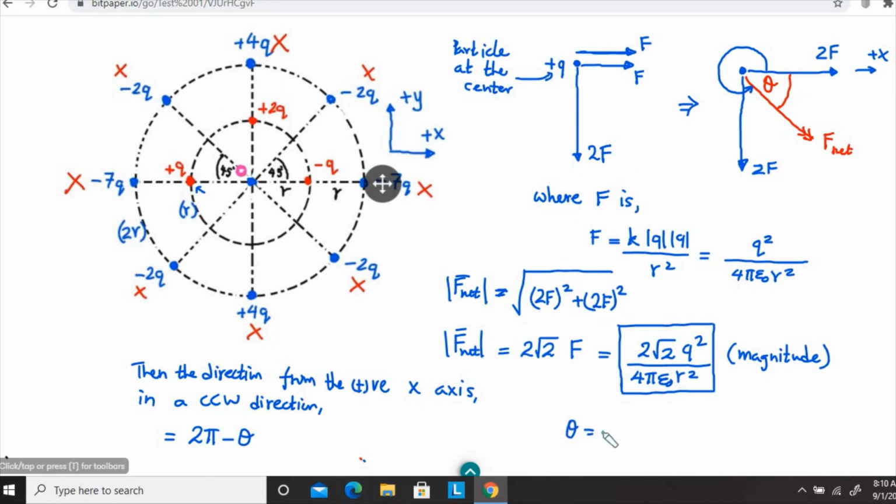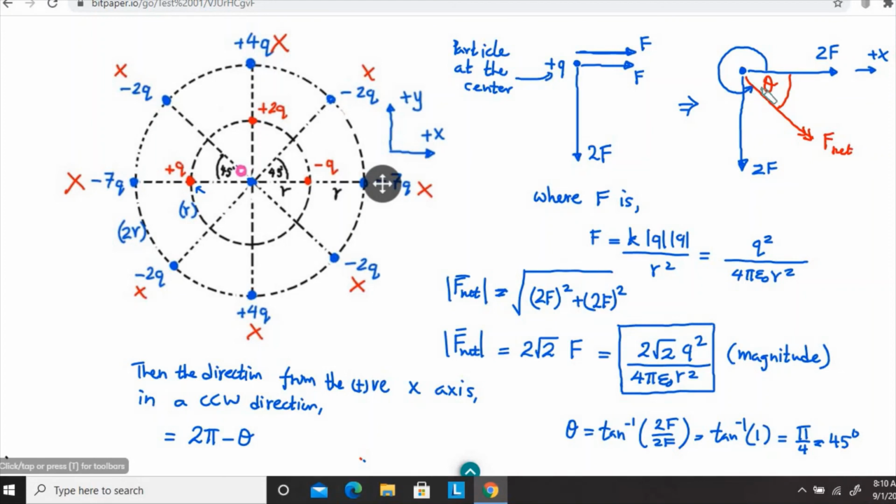My objective is to find theta, but you can see that theta is pretty straightforward. Theta can be obtained by inverse tangent of the y component, which is 2F, over the x component, which is again 2F. So you get inverse tangent 1, which is nothing but pi over 4 in radians, or 45 degrees. And you can convince yourself these two forces are perpendicular to one another and they're symmetric.